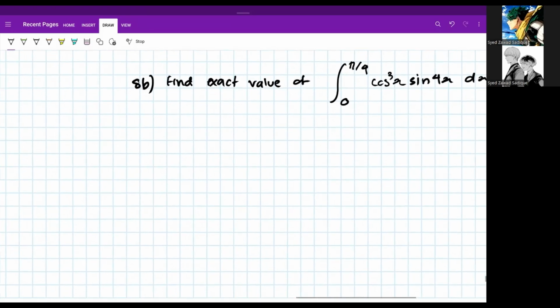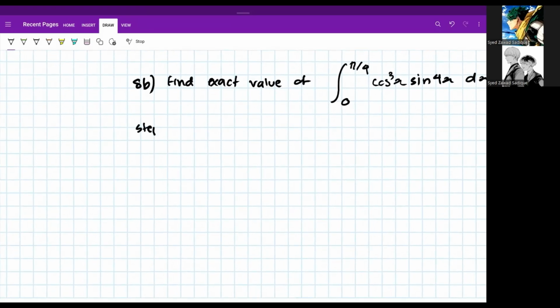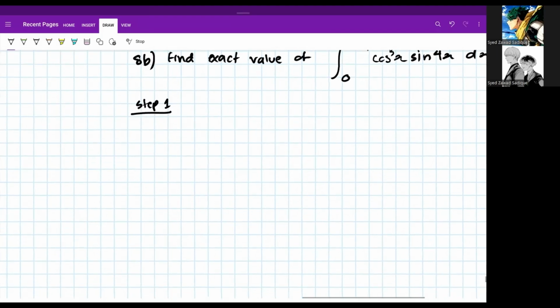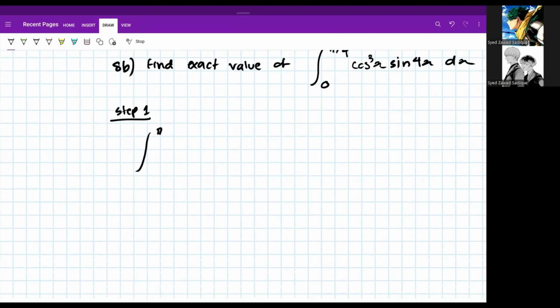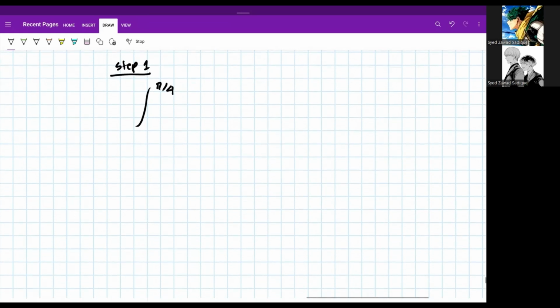So what's our first step? Step 1: rewrite the question, actually rearrange the question.